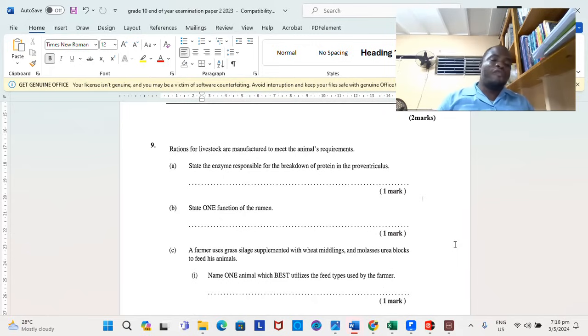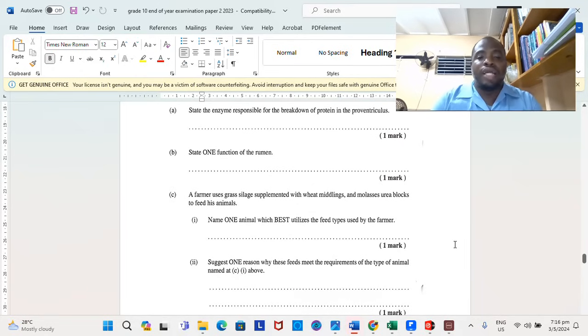And what you find is that the rumen is responsible for fermentation. When you read certain literature, certain books, they refer to the rumen as being the fermentation vat. That is where you have the microorganisms fermenting the plant material that is taken in by the animal.